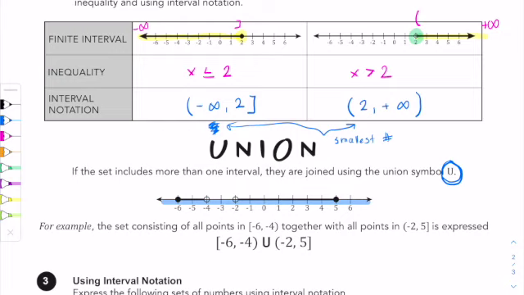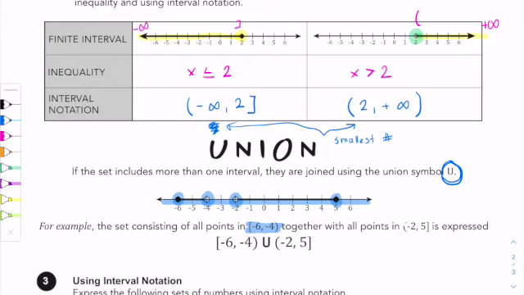So we have this number line, and we have the interval between -6 and -4, and another interval between -2 and 5. The first interval is between, like I said, -6 and -4. -6 receives a square bracket because of the closed dot. -4 receives a parenthesis because of the open dot.